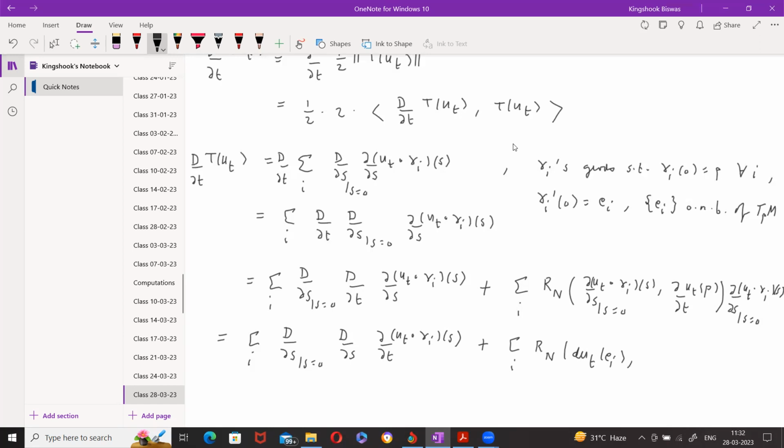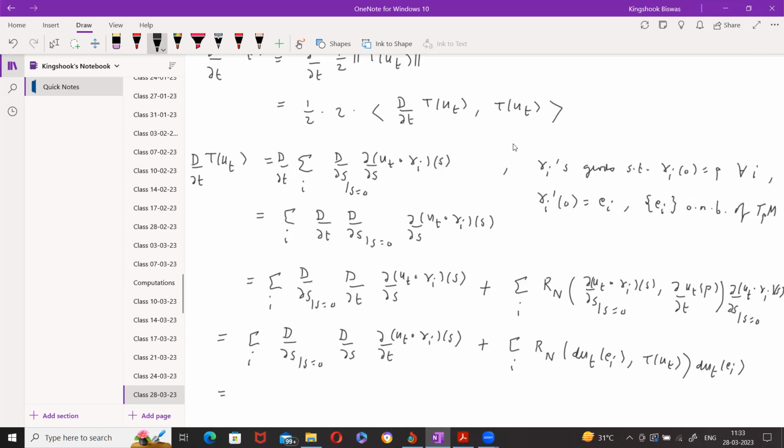And then here I'll have just the time derivative del u_t del t, or I can write it as tau of u_t also. By the heat equation, this time derivative is tau of u_t. And then outside here, I have again du_t of e_i.